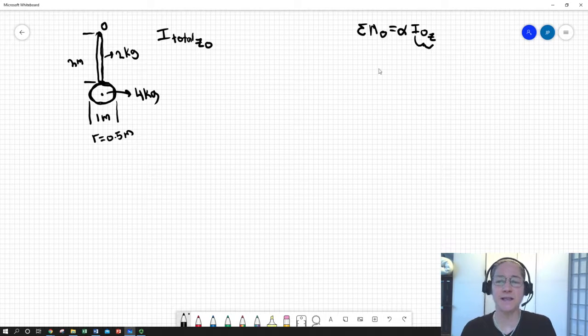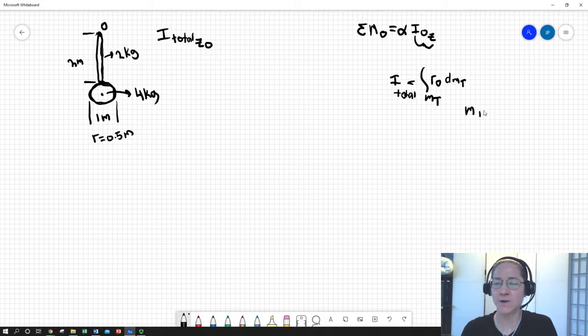And this basically comes from the fact that if we were to look at the definition of I total, just going back to our fundamentals, we would integrate over the whole mass of the whole body some expression for r as a distance from O, dm, and we'd integrate over the whole body.